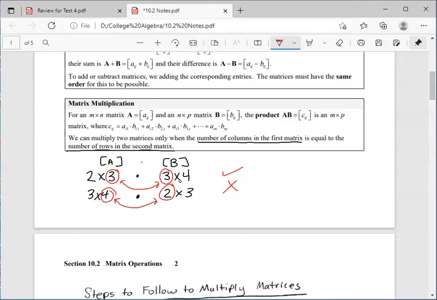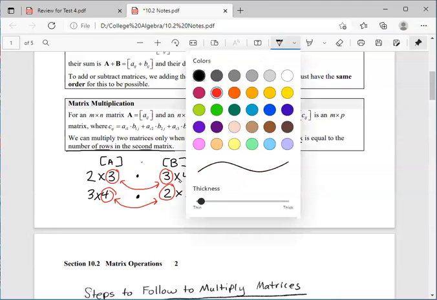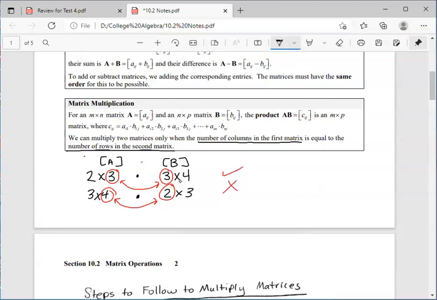Does that make sense? At least understand you're going to get an error on your calculator if that happens. So the order matters. Whereas before, with regular numbers, 2 times 3 is 6 and 3 times 2 is 6, you can't do that with matrices. A times B is not the same as matrix B times A. They're not the same.